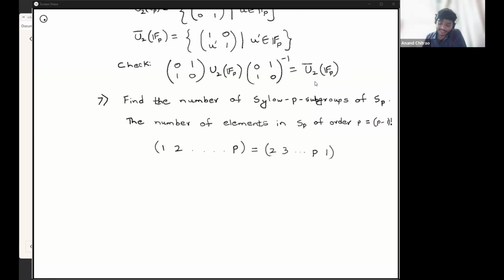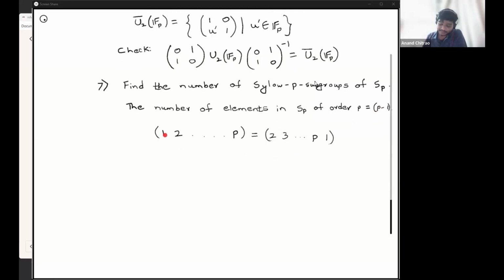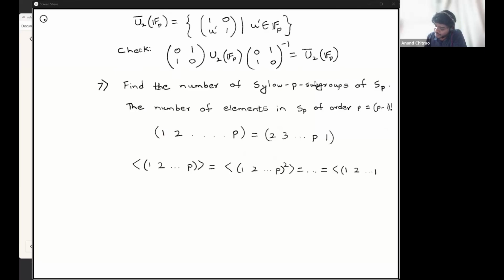Now you note that p minus 1 of these generate the same subgroup, because 1 2 dot dot dot p will generate the same subgroup as its square, which will generate the same subgroup as its (p minus 1)th power.